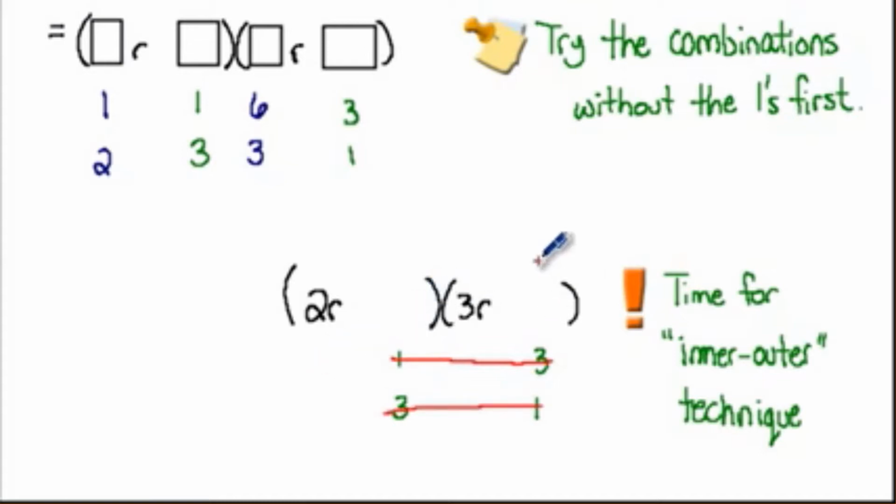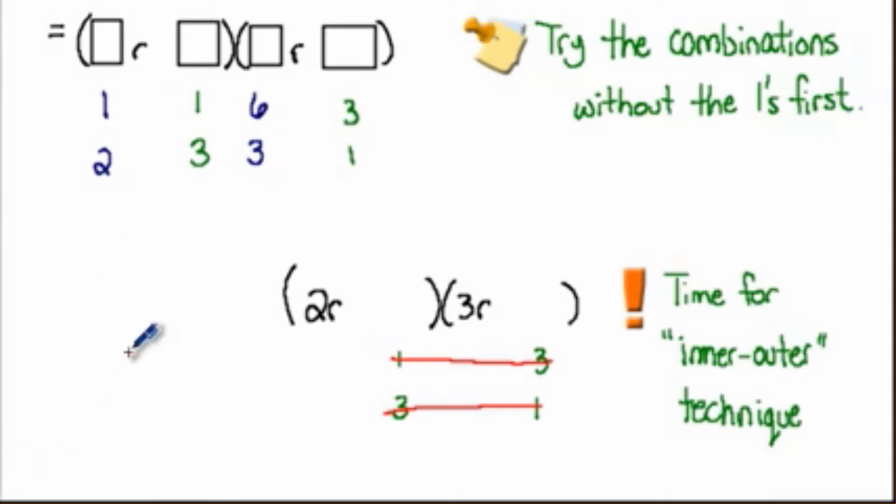So interestingly enough, the combinations without the ones first, in other words, instead of trying 1 and 6, we tried 2 and 3. It didn't work out well for us, but that doesn't mean that it won't always work. In fact, it almost always speeds up the process. This just has to be a rare occasion where obviously the 2 and 3 aren't the choice that we should have gone with.